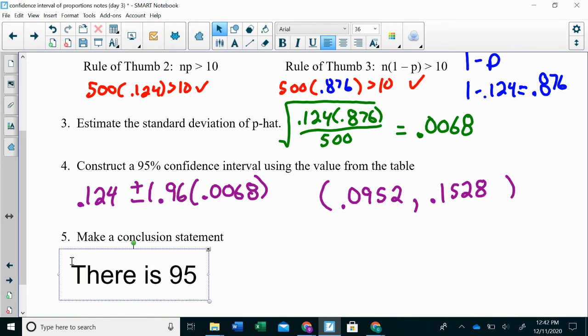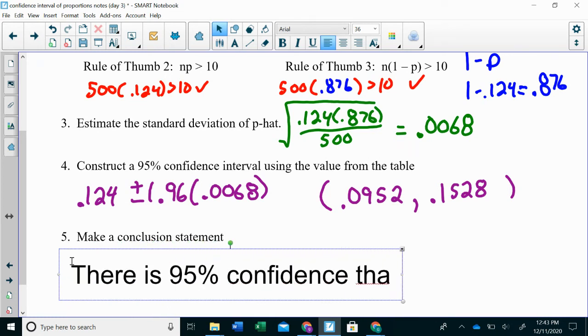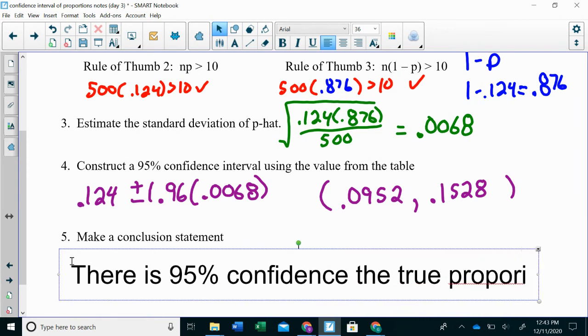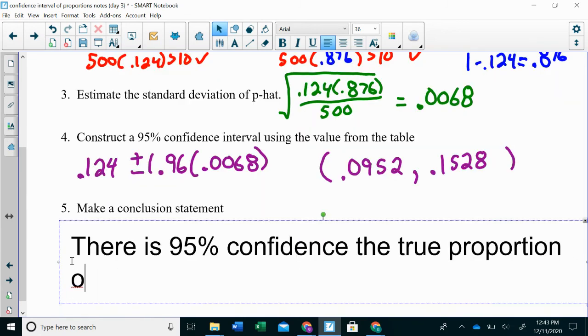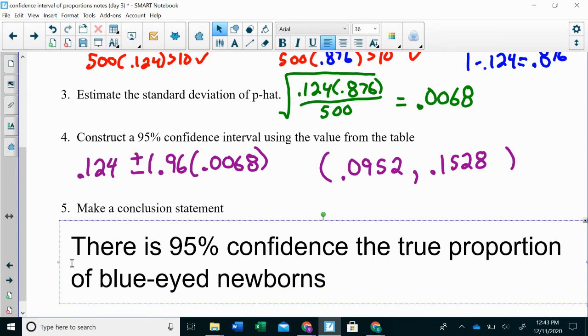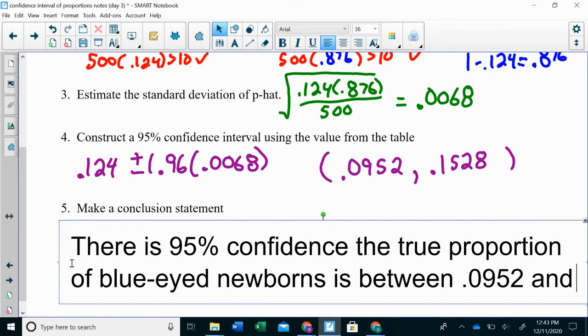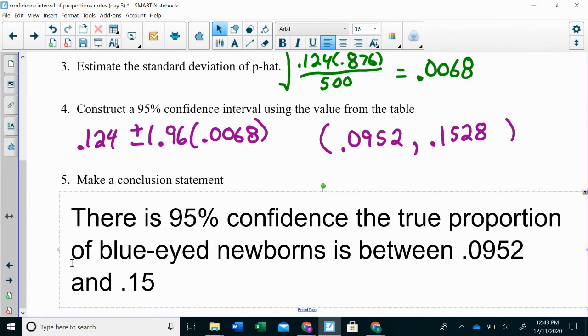There is 95% confidence the true proportion of blue-eyed newborns is between, and then our lower limit number, 0.0952, and our upper limit number, 0.1528.